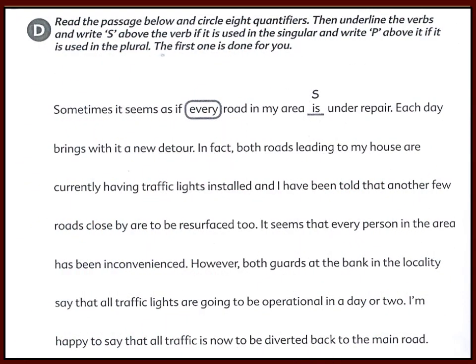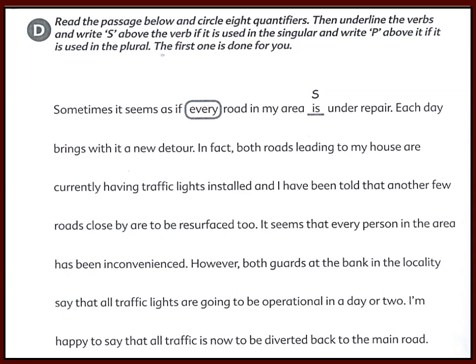Read the passage below and circle 8 quantifiers. Then underline the verbs and write S above the verb if it is used in the singular, and write P above if it is used in the plural. The first one is done for you.